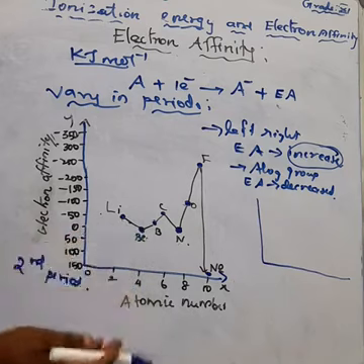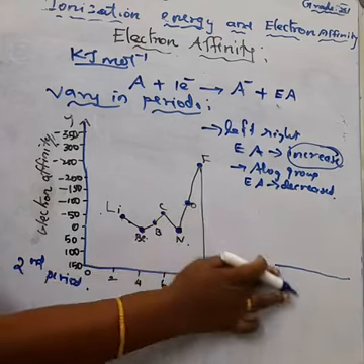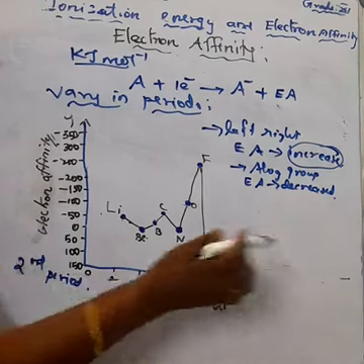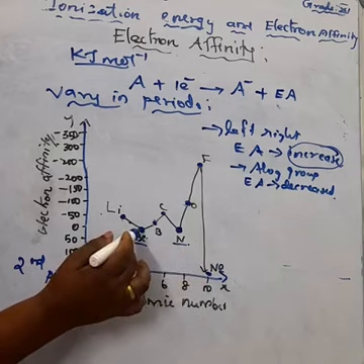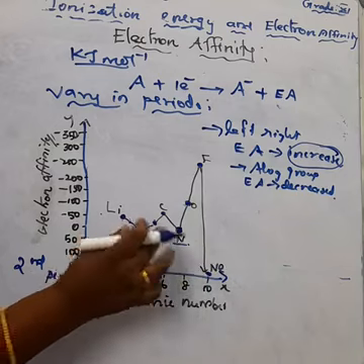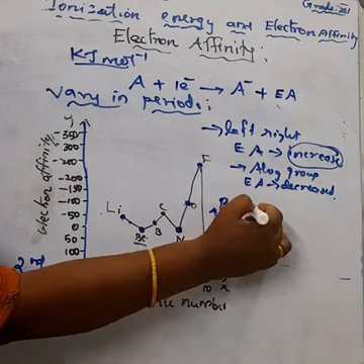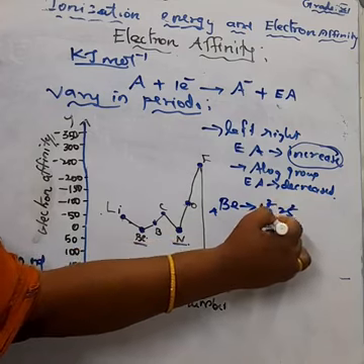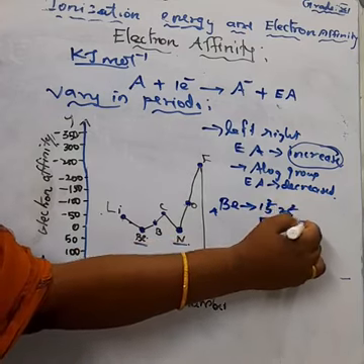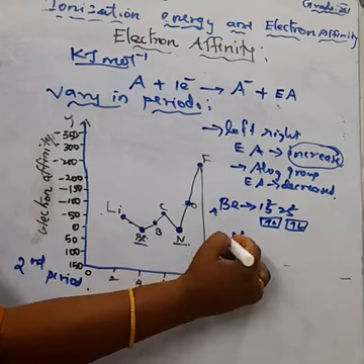But in the case of elements such as beryllium and nitrogen, beryllium has atomic number 4, so it is completely filled, 1s2 and 2s2, completely filled orbitals. Nitrogen has half filled orbitals.